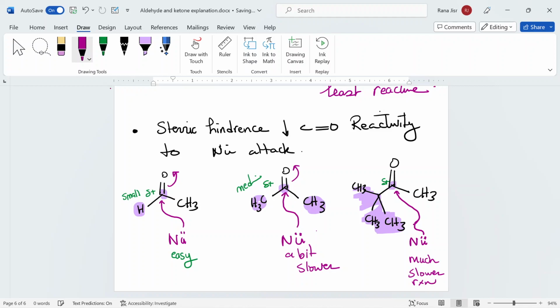So if I look at the reactivity of the carbonyls, I would go ahead and rate them like this, where I need no groups or very small groups around the carbonyl so that the nucleophile will attack the carbonyl easily. Remember that an electron withdrawing group also is an important group in there to make that carbonyl more partial positive so that the nucleophile will attack the carbonyl as well.